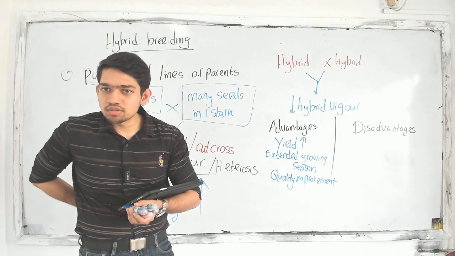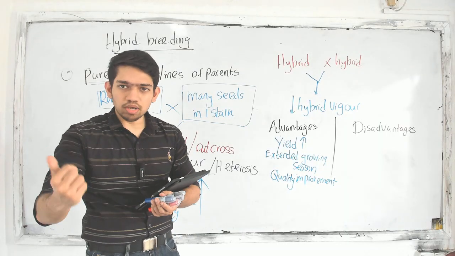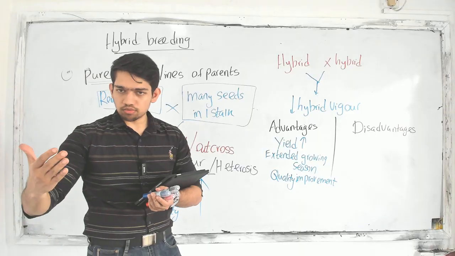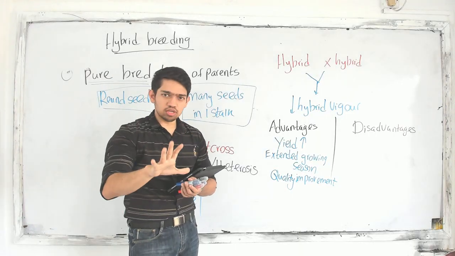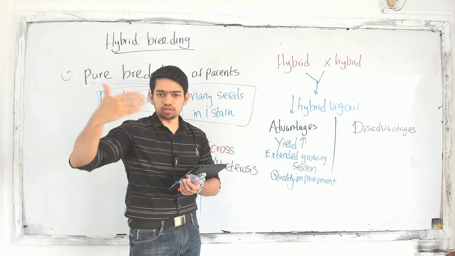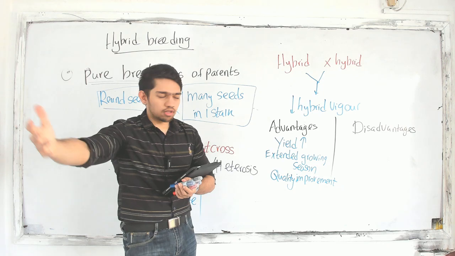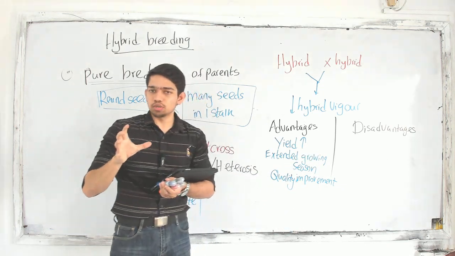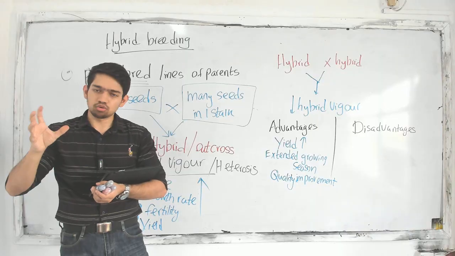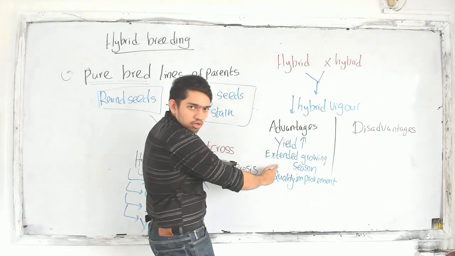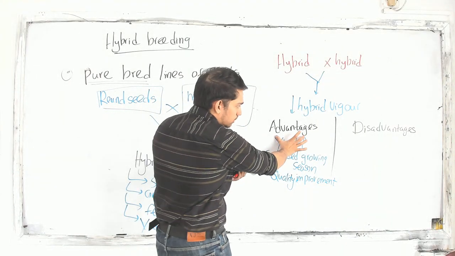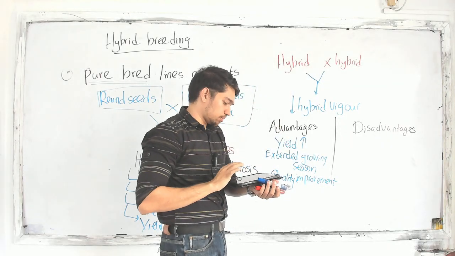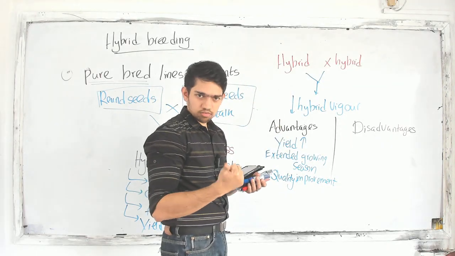Mangoes? Yeah, mangoes we do hybrid breeding. For trees, those kinds of cultivations that you cultivate again and again. If you have an extended growing season, that means the plant is producing fruit or whatever for a long period of time. That is something you can see in hybrids. They remain profitable for a long time. That's the meaning.